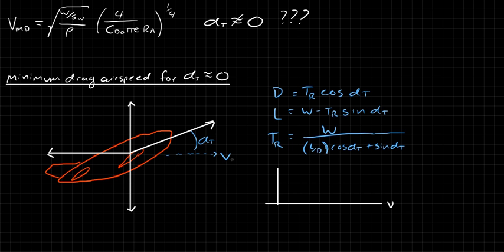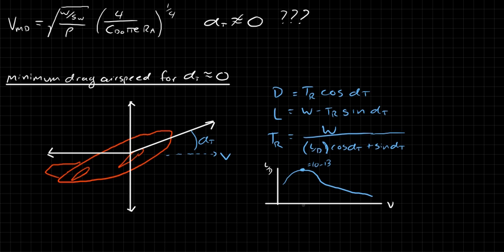This is your airspeed. This is your L over D. And generally L over D looks something like that. Okay, so there's a very nice maximum here at some specified velocity. And this is usually around, I don't know, 10 to 13 or something like that for most aircraft. There's some that have much higher, some that have lower, but this is kind of a good ballpark average.